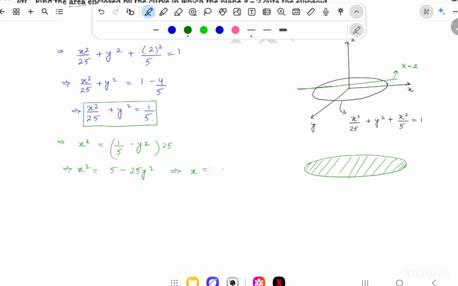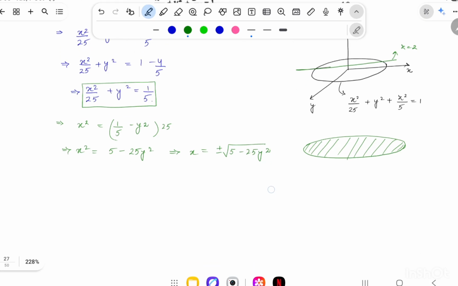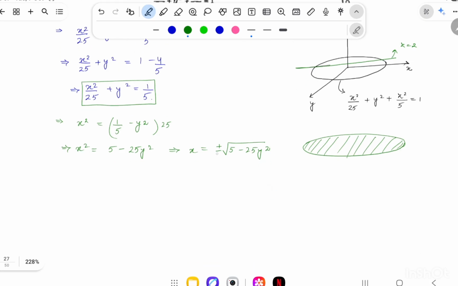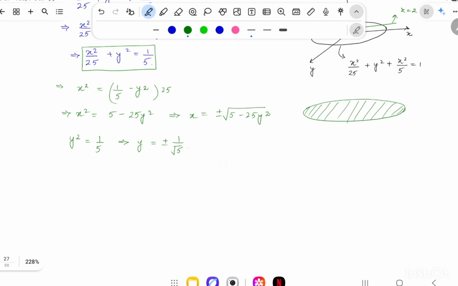So x takes values between plus and minus under root 5 minus 25y square. And when x equals 0, y square is 1 by 5, so y varies between plus and minus 1 by root 5. So let's see what the surface area of this ellipse will be.